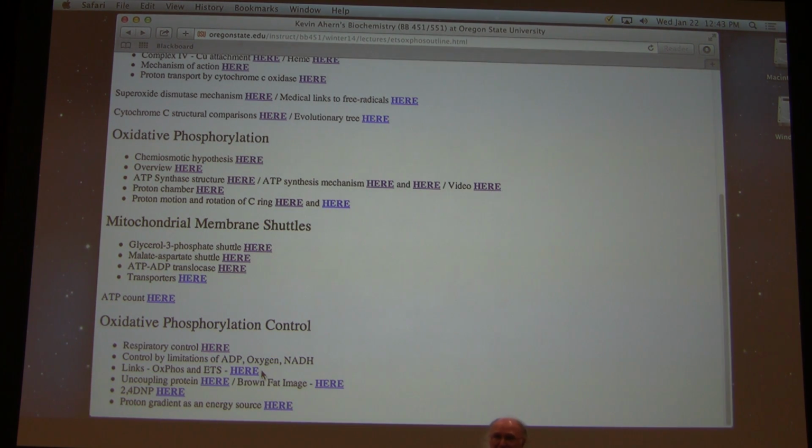David? So, complex 4 is blocked by complex 1 and 2. What's happened here is you've relieved the block which you had as a result of the proton gradient.